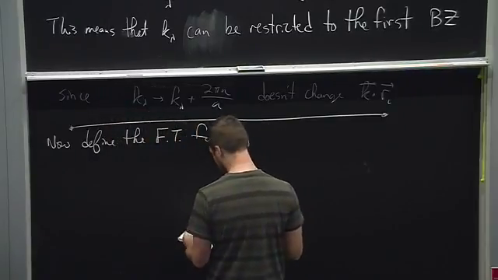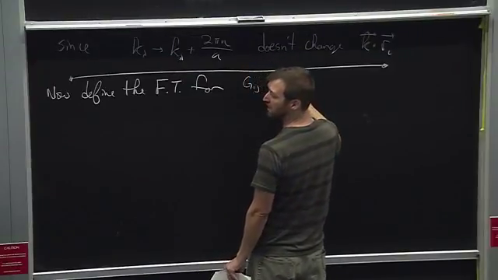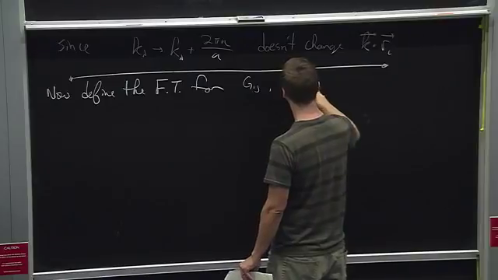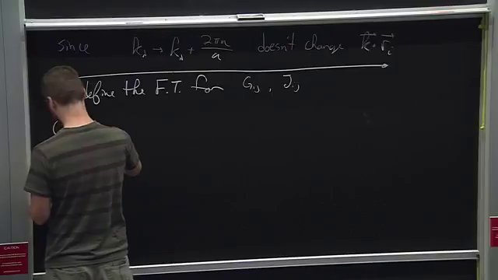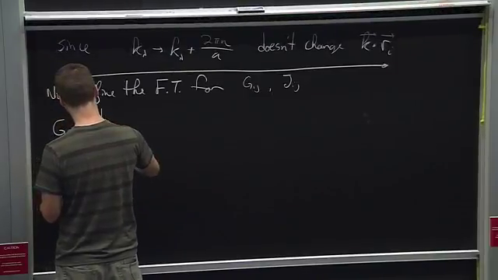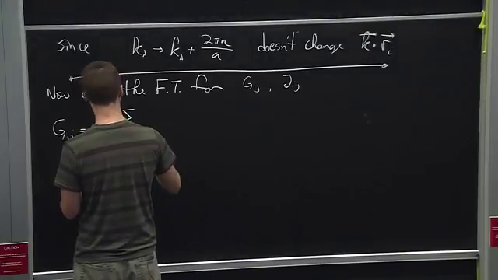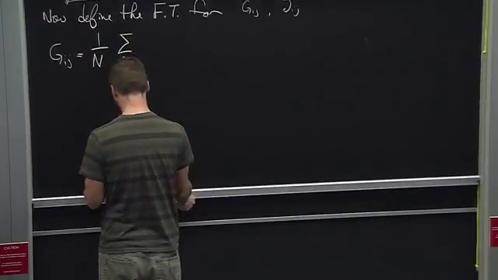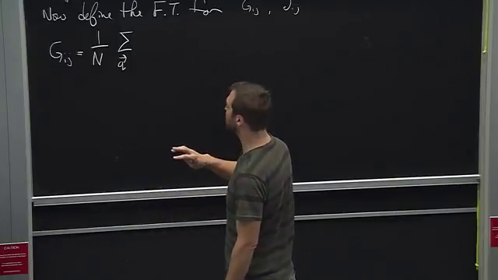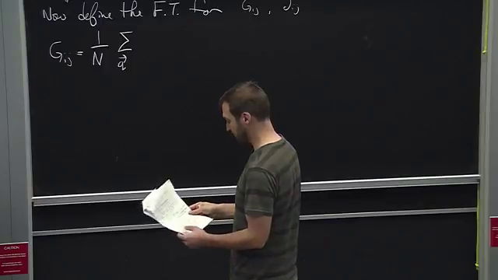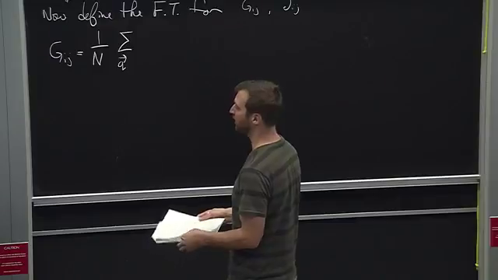Well, so delta's known, so let's do G and J. Okay, so I'm going to, I don't know why, but I changed from K to Q, and now I'm going to stick with it.